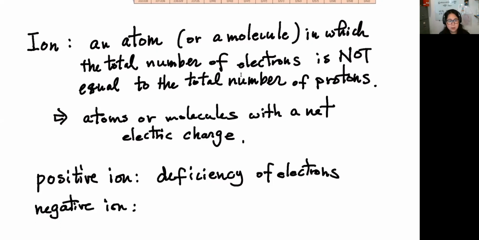Negative ion. For an atom to be negatively ionized, does the ion have excess electrons or a deficiency of electrons? It should have an excess.